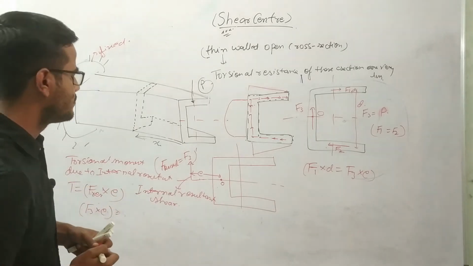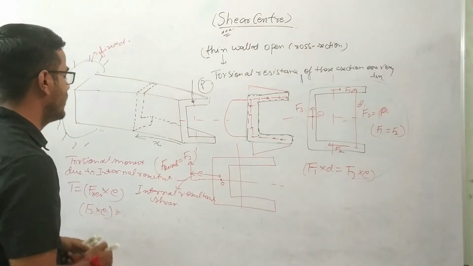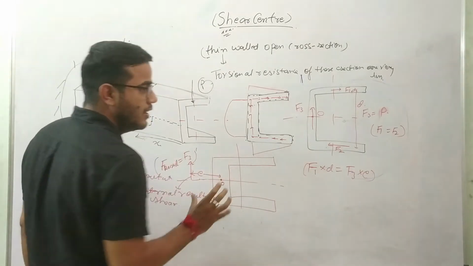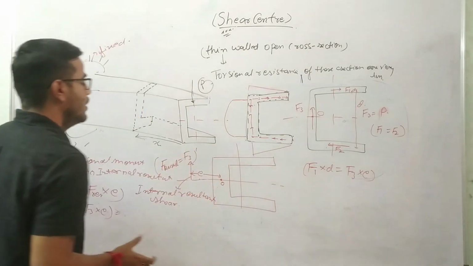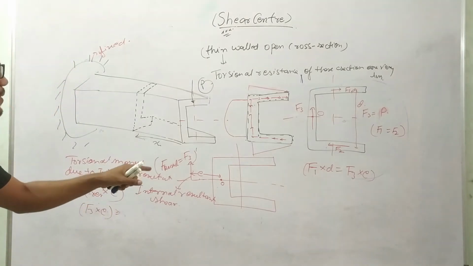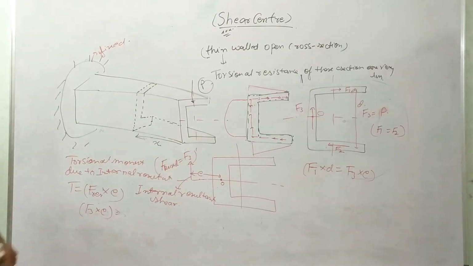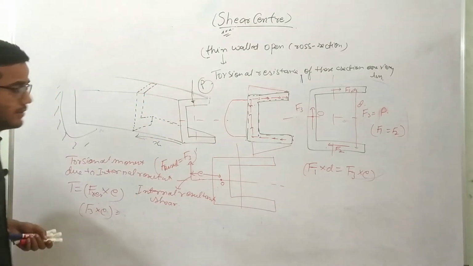Now our criteria, now the thing is coming. We need to resist this torsion moment, which is generated due to internal shear. How will we take care of this torsion moment? Now we'll see over here.